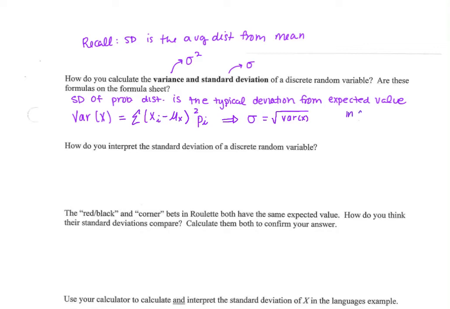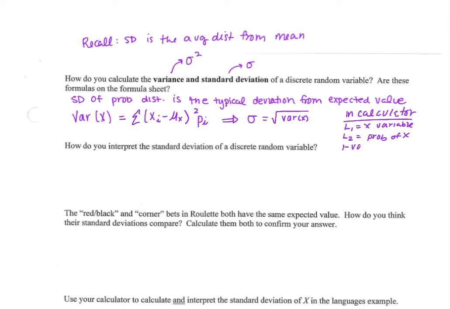So in the calculator, you would type list 1 is your x variable, all the possible x's. List 2 is the probability of x, all your probabilities.